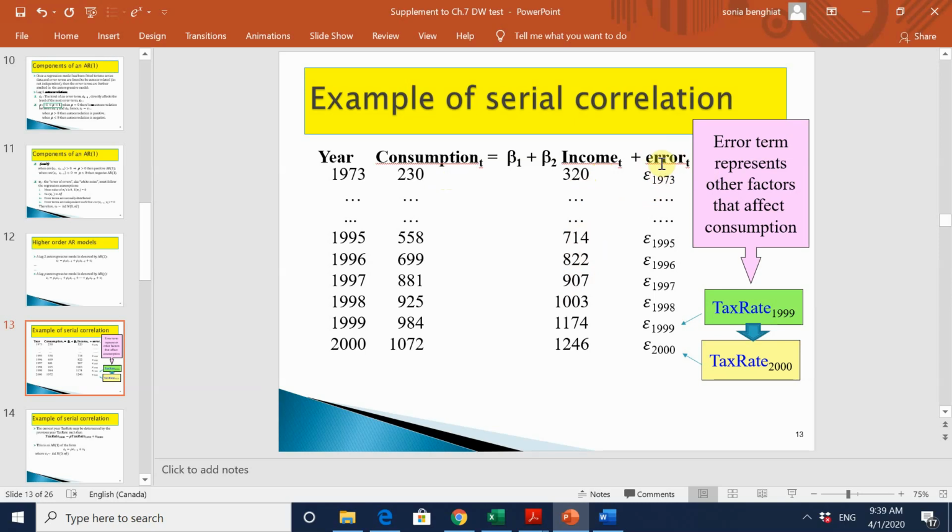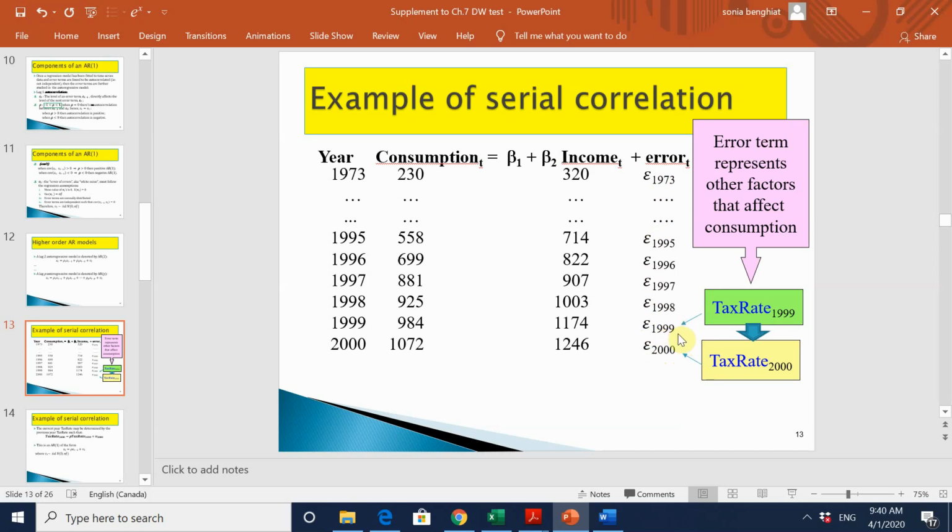So we would expect that the error component really exhibits all the four model assumptions, that is normality, independence, zero mean, and constant variance sigma squared. But we notice here that in fact, the error term of a given year over here, say the year 2000, is related to the error term of the previous year.